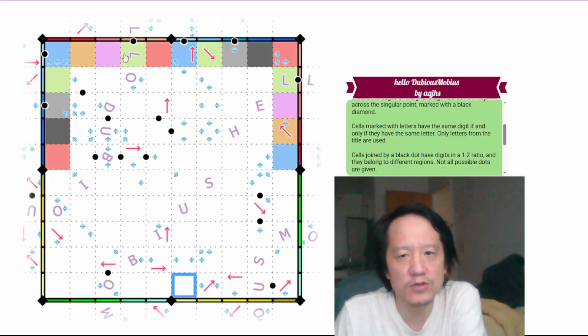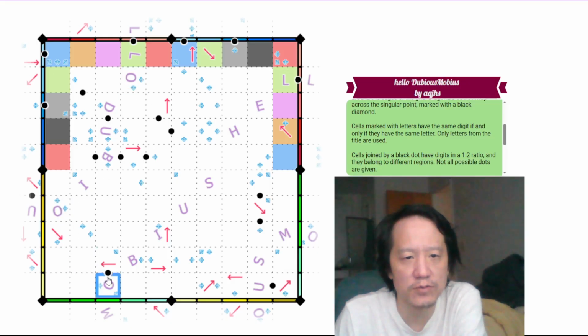So these must be the same digit because they're both L. These three are the same digit because they're all O. These are the same digit because they're all U.